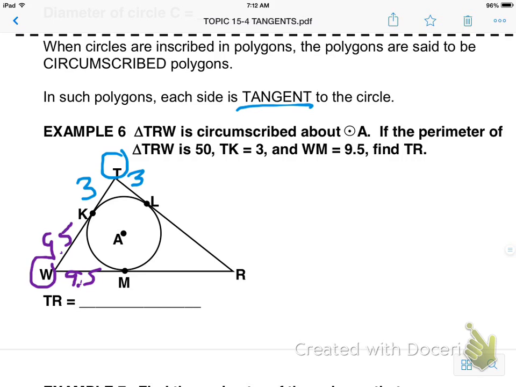So I'm going to use that given information, and I'm going to add those up. So 3 plus 3 plus 9.5 plus 9.5 equals, I gotta get my calculator.